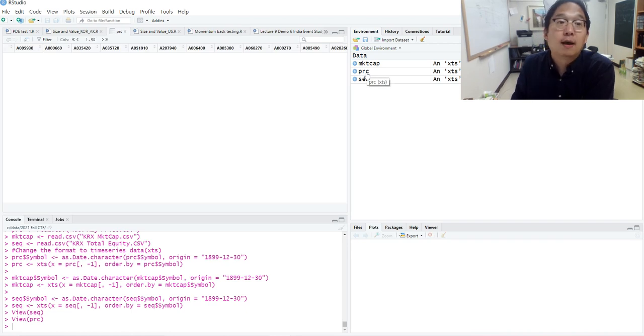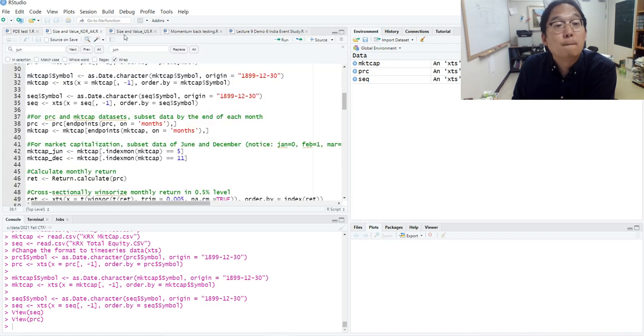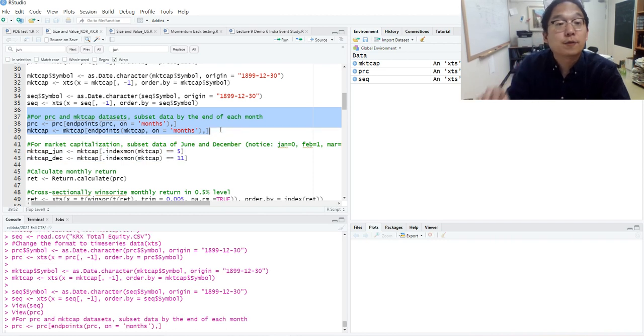Month end. And then you see all these things popping up because it takes time, because it's a huge data set. January 4th, 5th, 6th, and so on. Daily data, but you want to reduce it into monthly observations. Similar things for market cap, and then let's just do that first.